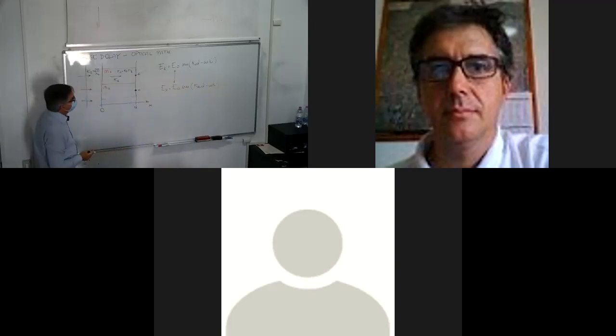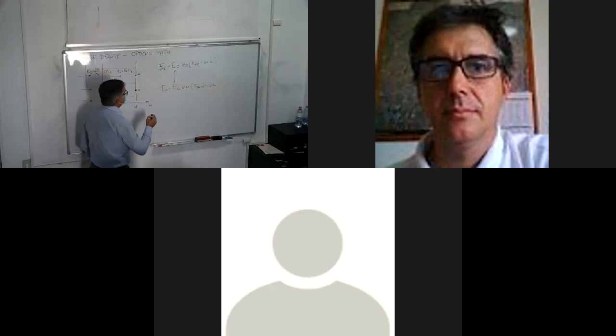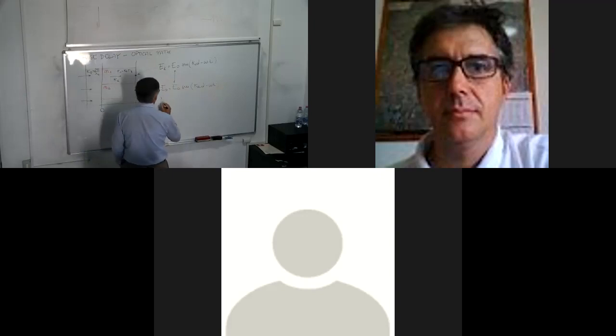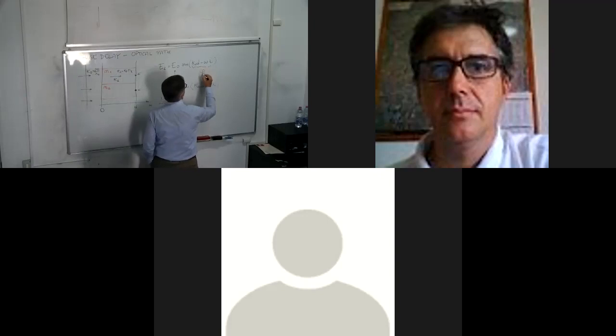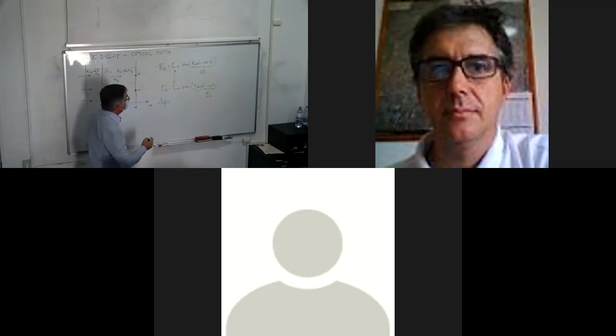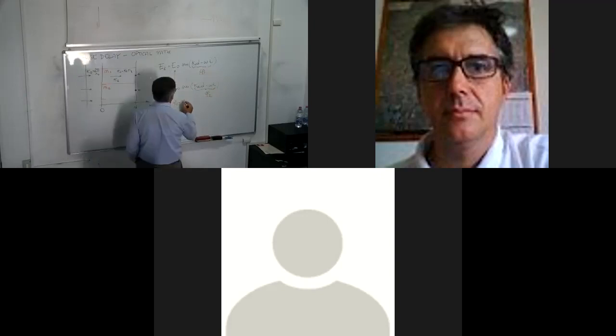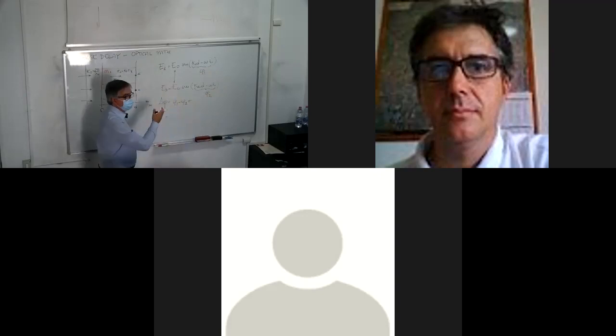So it means that the two fields are like that. Then I ask myself, what is the phase difference? This is the phase of the first field, this is the phase of the second field. What is the phase difference phi 1 minus phi 2? This is, of course, the difference of these two expressions.